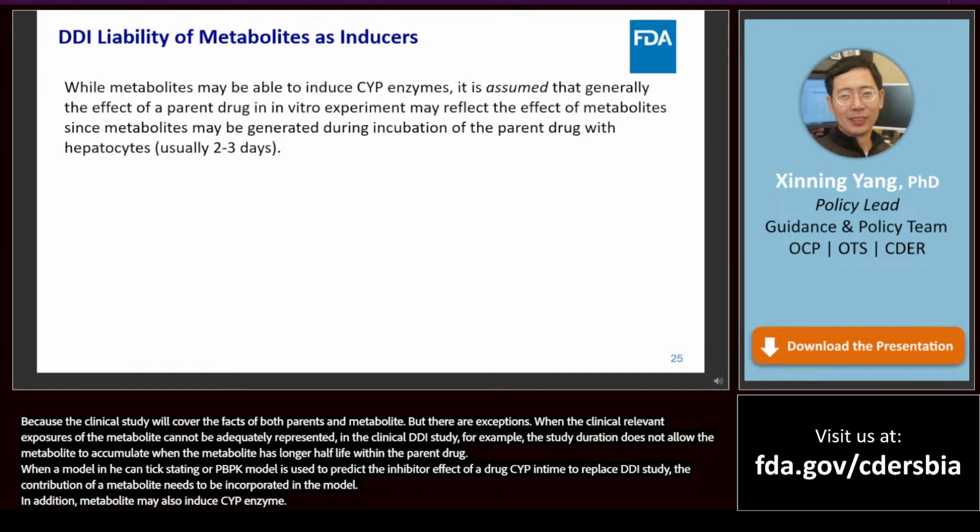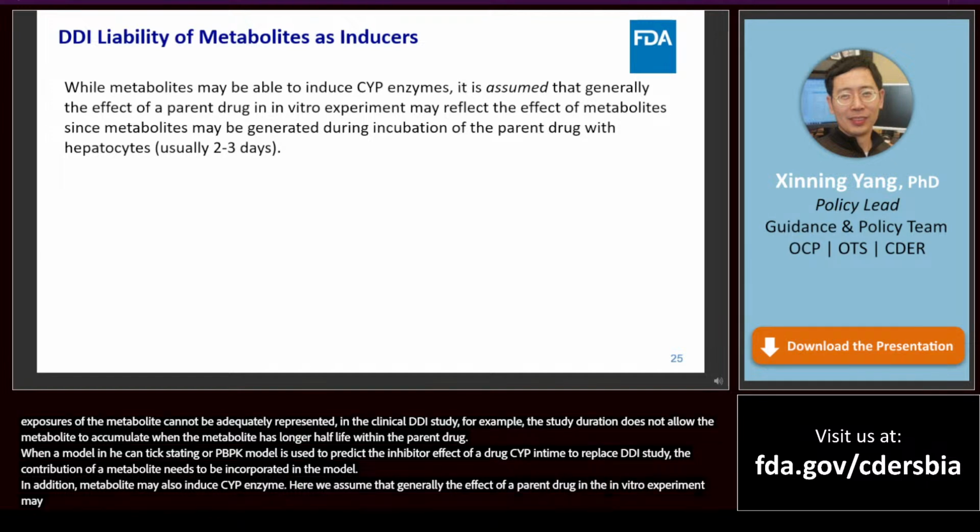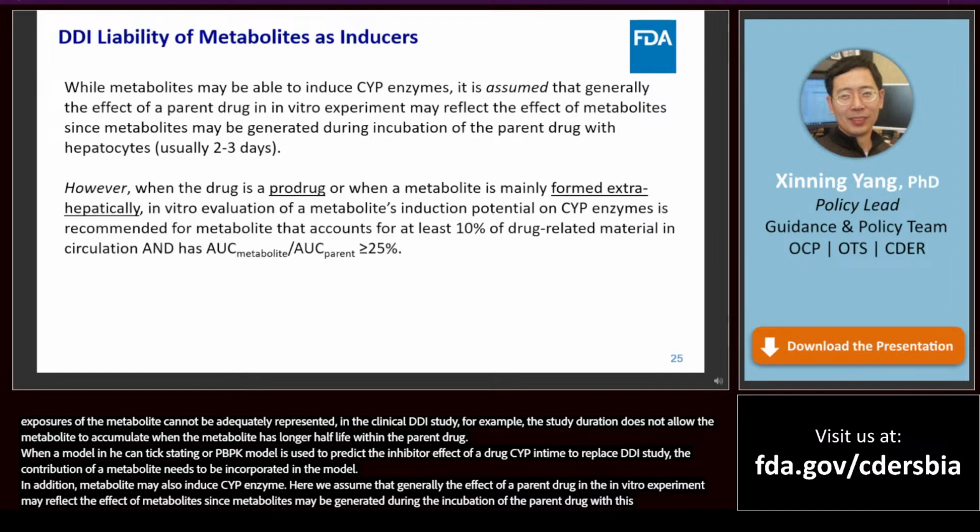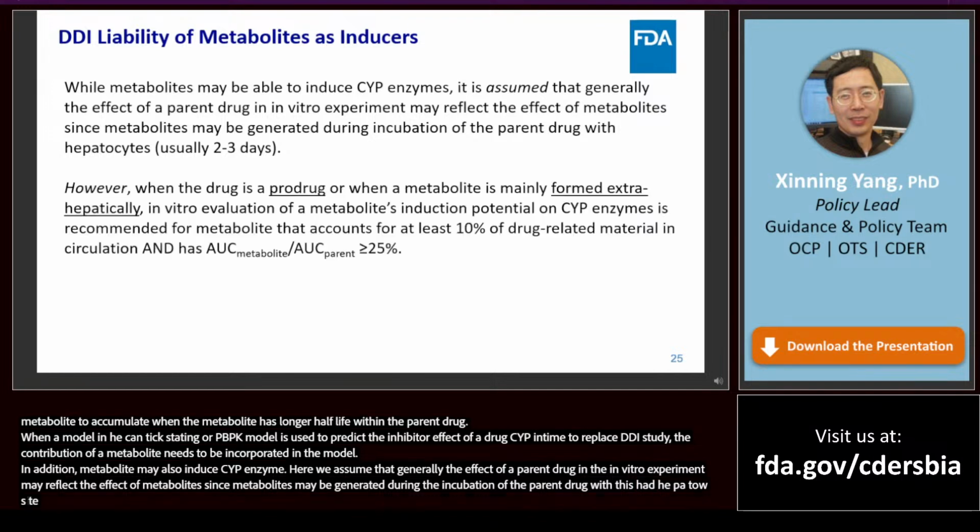Here, we assume that generally the effect of a parent drug in the in vitro induction experiment may cover the effect of metabolites, since metabolites may be generated during the incubation of a parent drug with hepatocytes, which usually lasts for 2 to 3 days. But there are some exceptions.